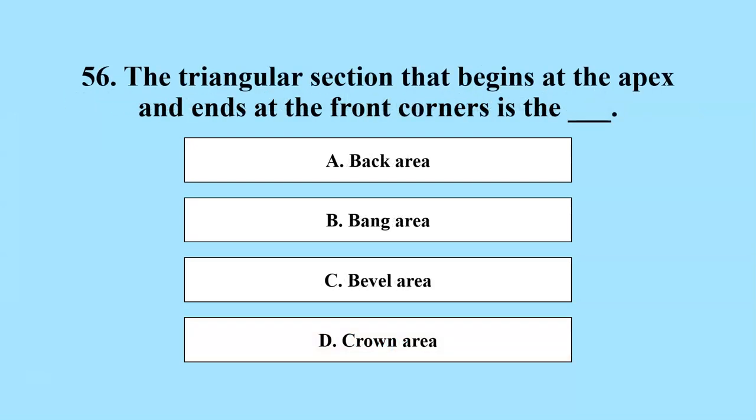The triangular section that begins at the apex and ends at the front corners is the back area, bang area, bevel area, crown area. If you chose B, bang area, you are correct.